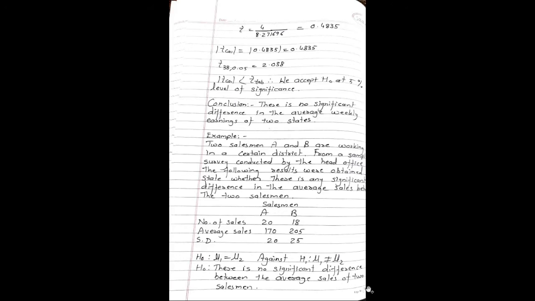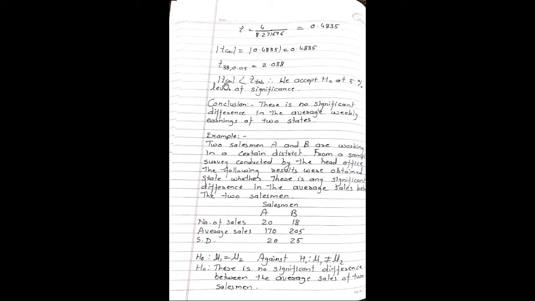So the final answer can be calculated as T is equal to 4 upon 8.271696, which is equal to 0.4835. So mod T calculated can be written as 0.4835. So T for 38 degrees of freedom and 5% level of significance, the table value is 2.038.